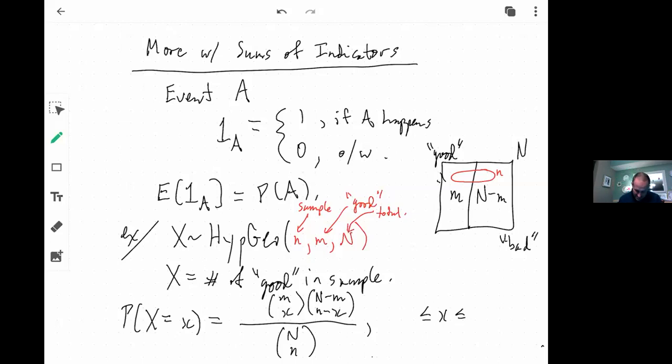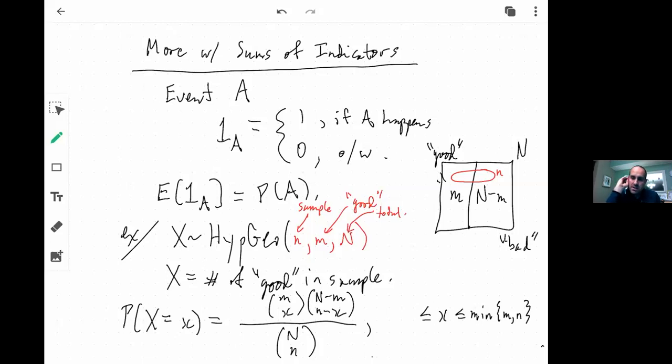So x is less than or equal to the minimum of m and n. And what about the smallest that it could be? Well, the smallest it could be is 0, unless n is bigger than or equal to the number of bad things. The only way I could get 0 is if I take my whole sample from the bad side, and maybe my sample is so big that it just overwhelms the bad side.